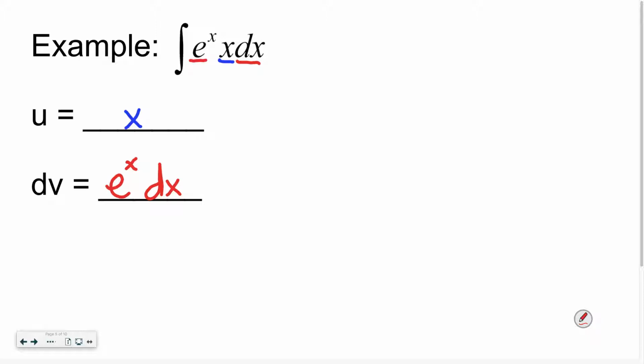So now everything in my integral is accounted for. Which means du equals dx, because the derivative of x is 1. And v would be e to the x.